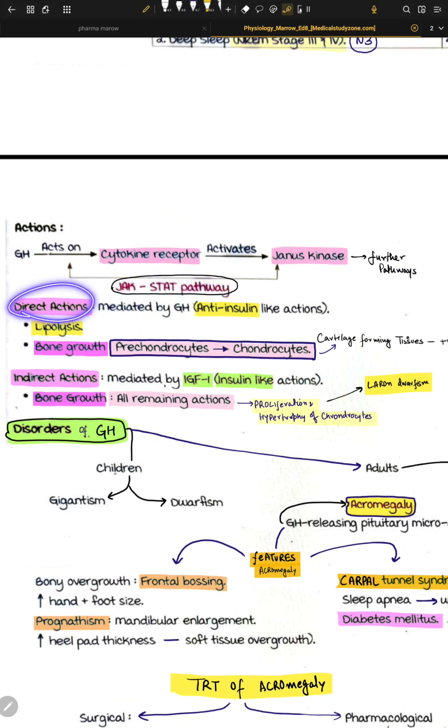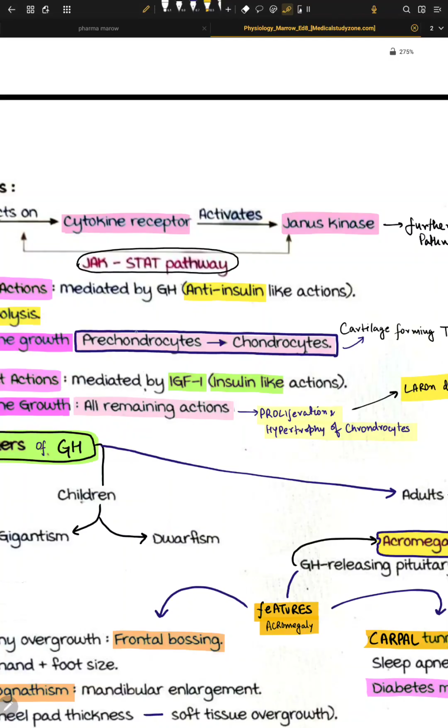What about the action? Well, there is direct action, which is mediated by GH, with anti-insulin-like actions, and indirect action, which has insulin-like actions. So direct action is lipolysis, if you don't eat for a long time. Anti-insulin, so lipolysis. Bone growth: the number one function of GH is conversion of prechondrocytes into chondrocytes.